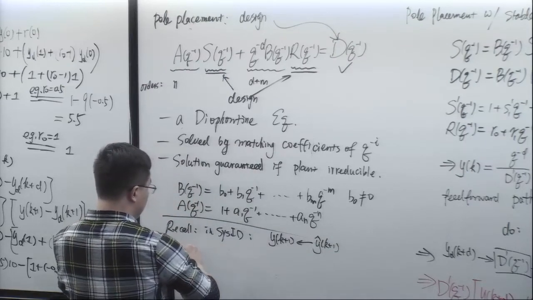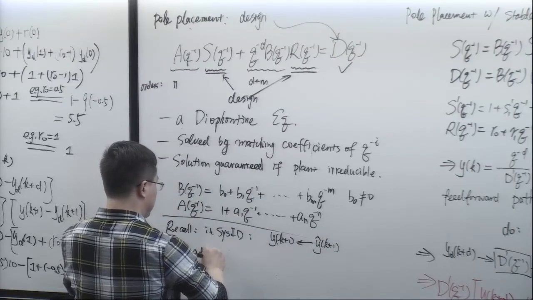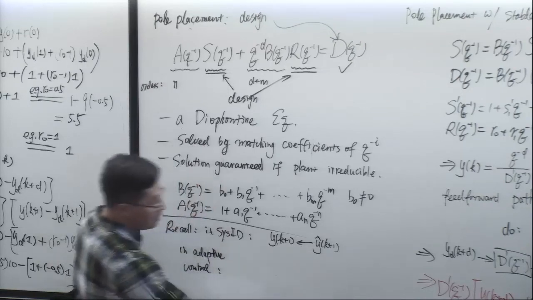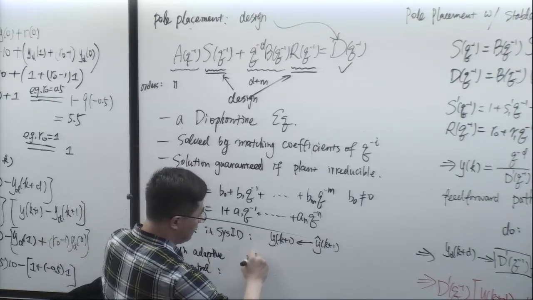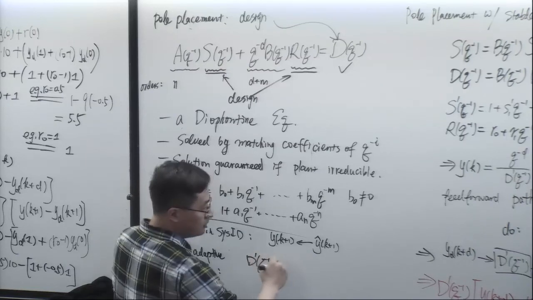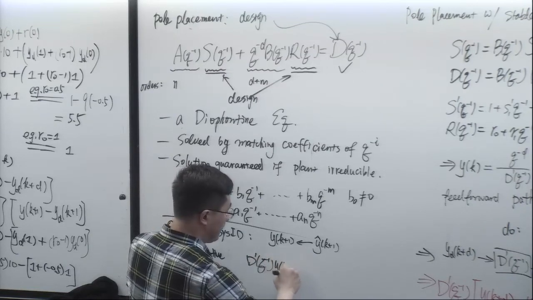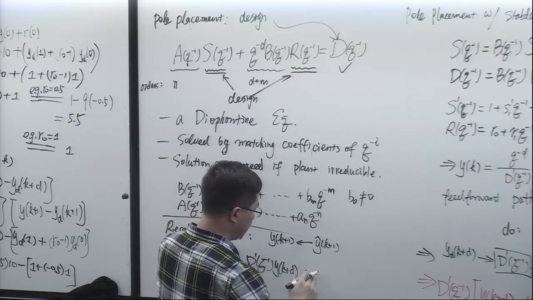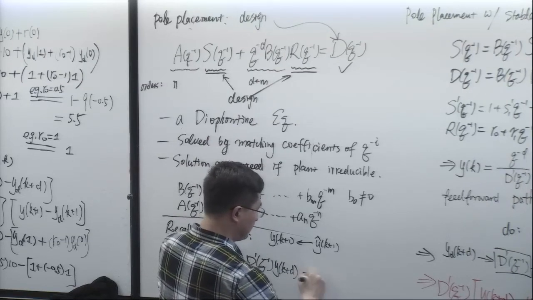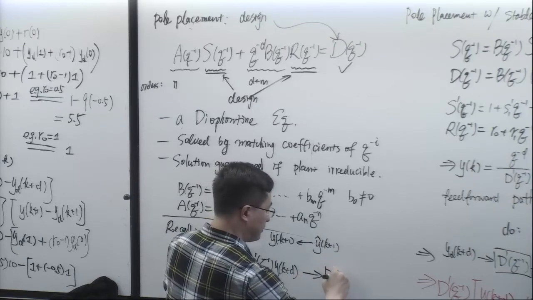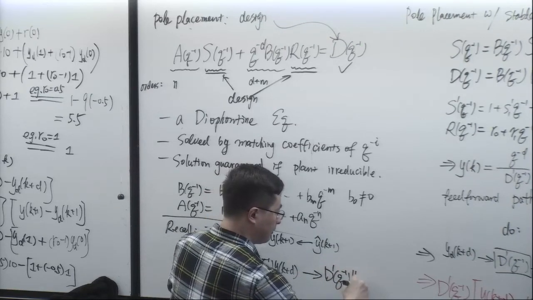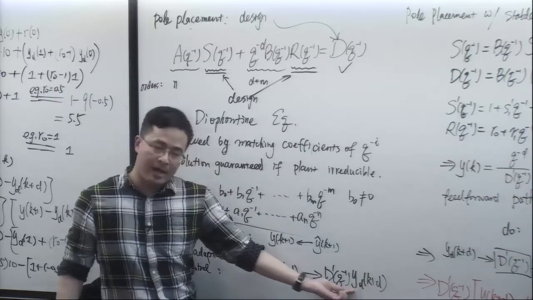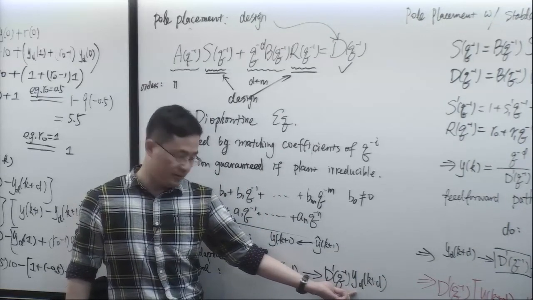And then in adaptive control, what we have is D prime YK plus D, we have a desired reference we want to track.